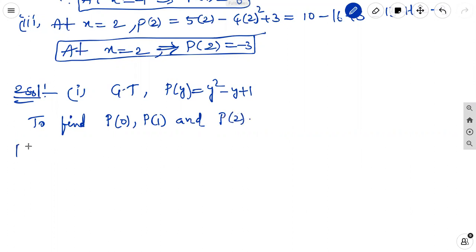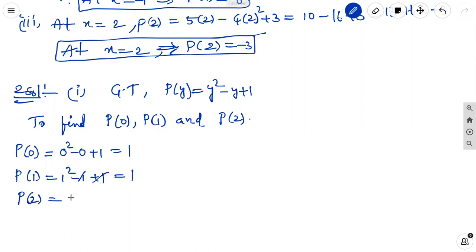P of 0 equal to 0 square minus 0 plus 1. It is equal to 1. P of 1 is equal to 1 square minus 1 plus 1. Here minus 1 plus 1 get cancelled. It is also 1. Here p of 2 is equal to 2 square minus 2 plus 1. 2 square is 4 minus 2 plus 1 is minus 1, that is equal to 3. Okay, that is the first question.